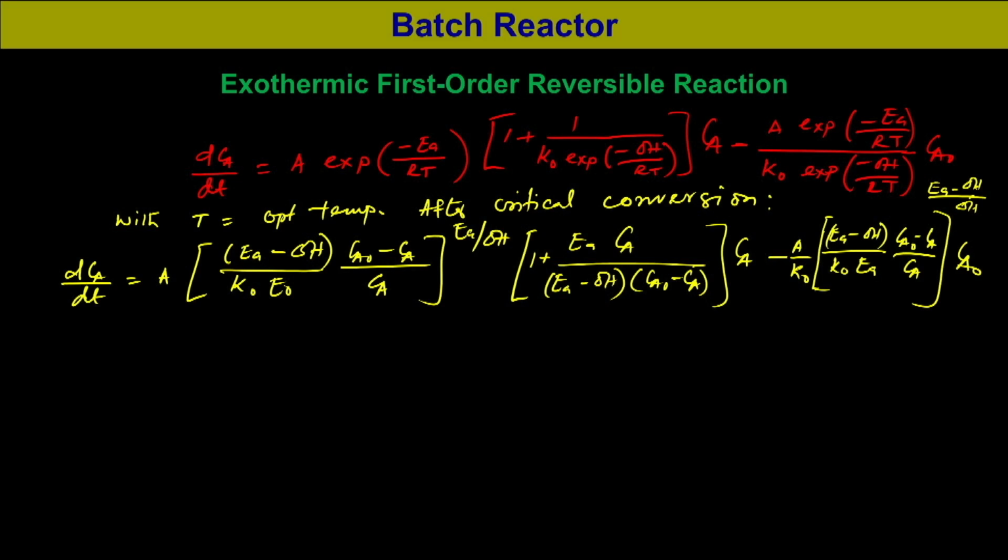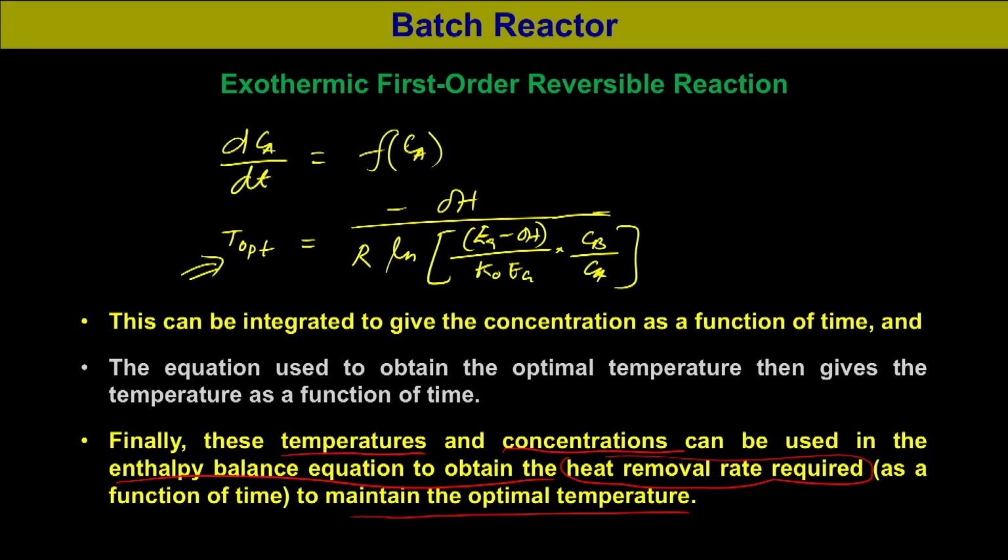So, the earlier equations which we obtained, that is dCA dt, which is a function of conversion or concentration, can be integrated to give the concentration profile, that is concentration versus time, and then the equation used to obtain the optimum temperature gives the temperature as a function of time.